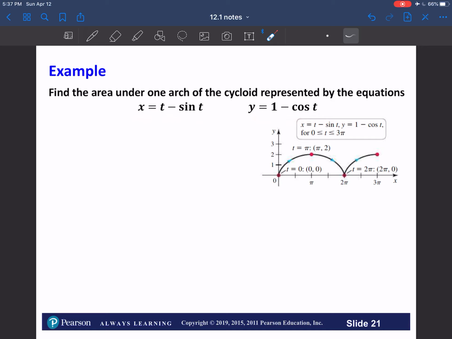The easiest way to represent a cycloid is with parametric equations. The picture for such a cycloid looks like this. Basically, it just kind of bounces off the x-axis like that. There is a physical interpretation of this.